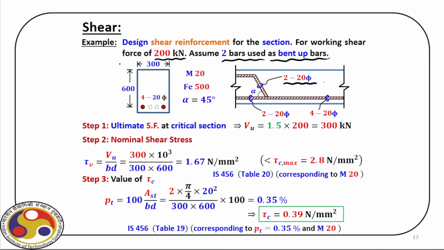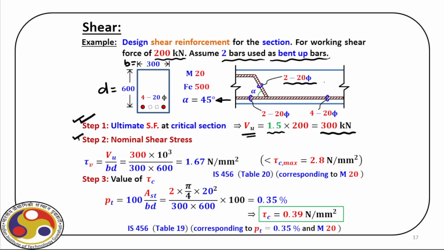So the cross section is given, B is equal to 300, D is equal to 600, and it is made of M20 and Fe 500 bars. And this alpha is equal to 45 degree. So in step 1, we first find out VU. We have to multiply this with the appropriate factor, and in this case it is 1.5. So we have the design value of ultimate shear force as 300 kilonewton.